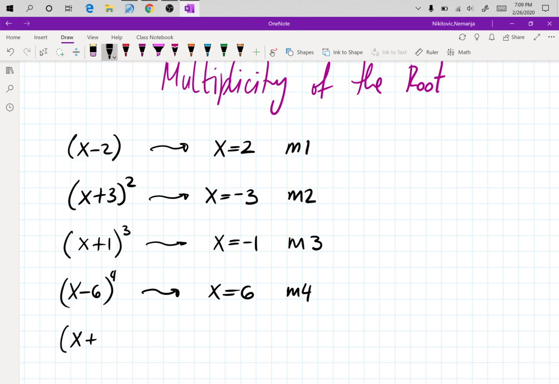If you have x plus 2 to the 5th power, the root would be x equals negative 2, and multiplicity will be 5. What is the pattern that we are picking up? Powers of multiplicity. The power on each binomial is the multiplicity.